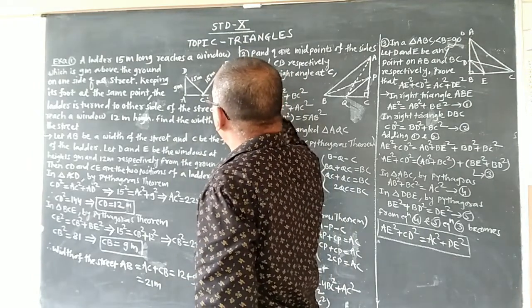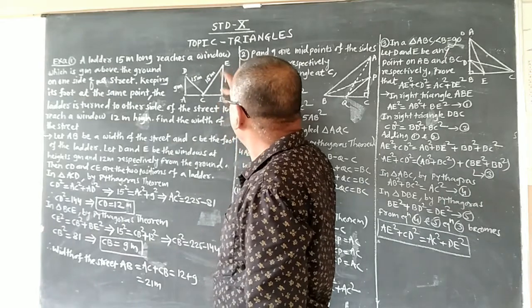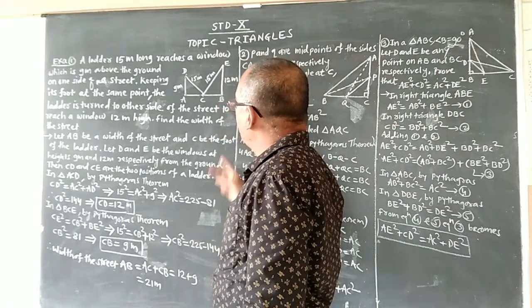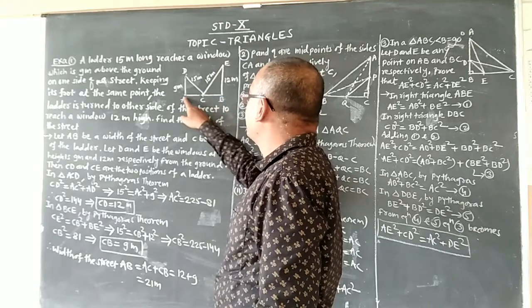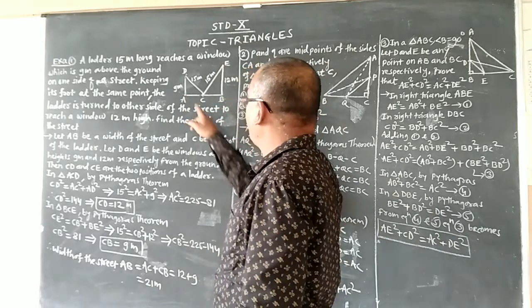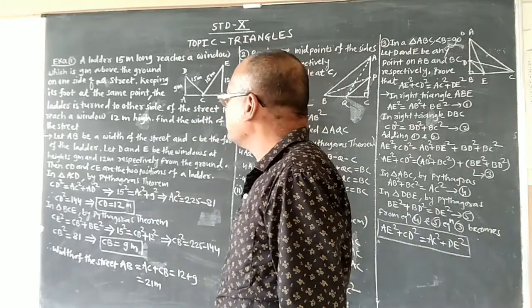Here the second window is 12 meters high from the ground, and we have to find the length of the road, that is, AB is the road, so we have to find the length of AB.